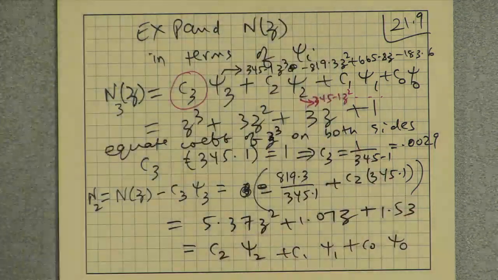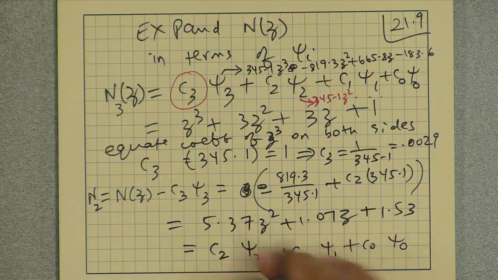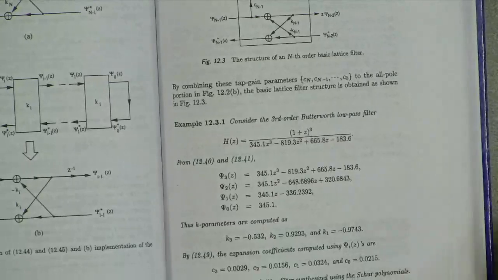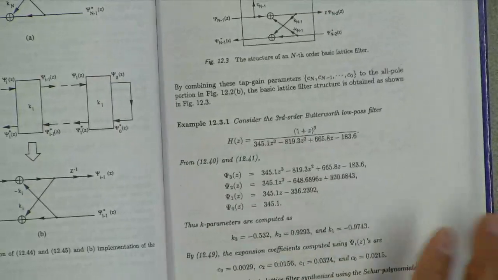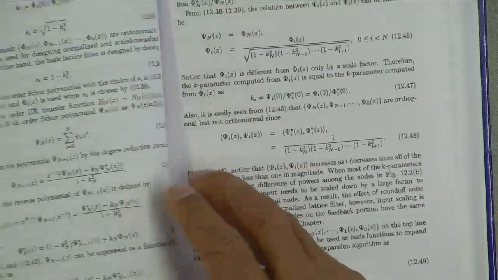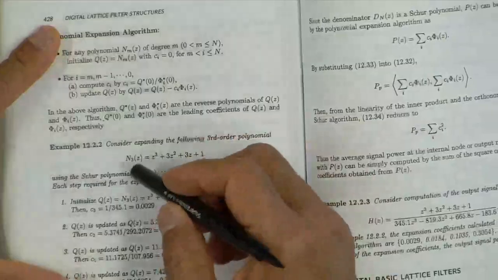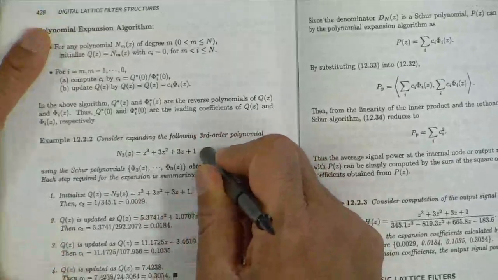You will compute C2, C1, C0, and as the book indicates, those are obtained here. If we go through the expansion example in the book, this is using phi polynomials, not psi polynomials.